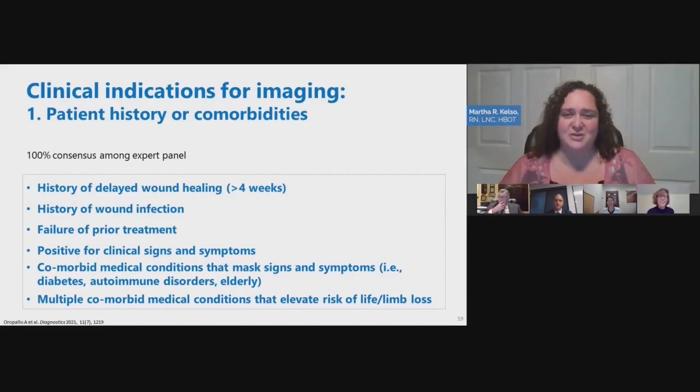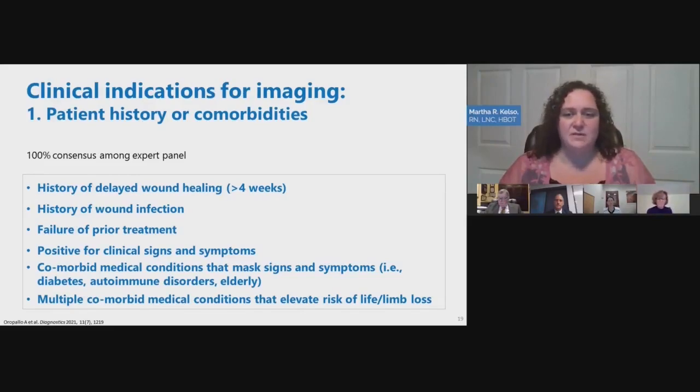It's practically unheard of. And so those things that we all agreed on were things like history of delayed wound healing. So if a wound hasn't healed at greater than the 4-week mark, the chance of it not healing due to bioburden or infection is great. So those are wounds that we would want to consider for MolecuLight or bacterial fluorescence.